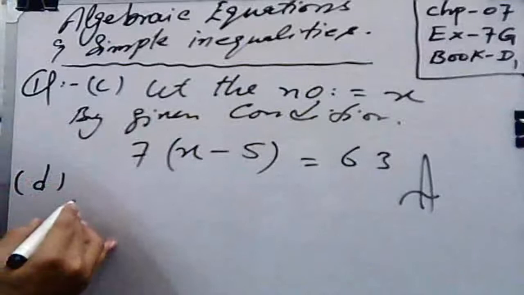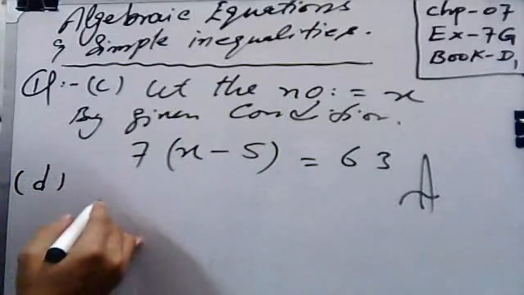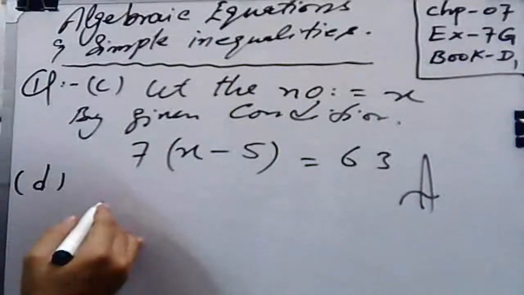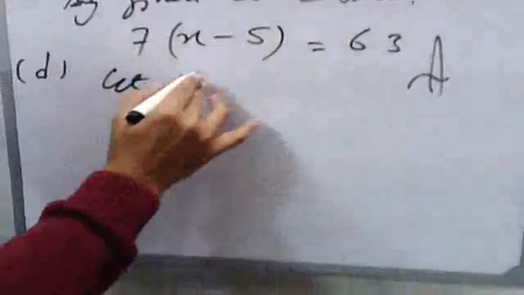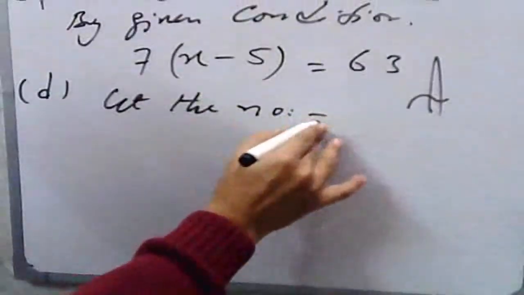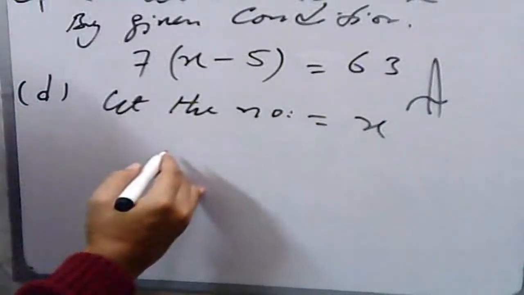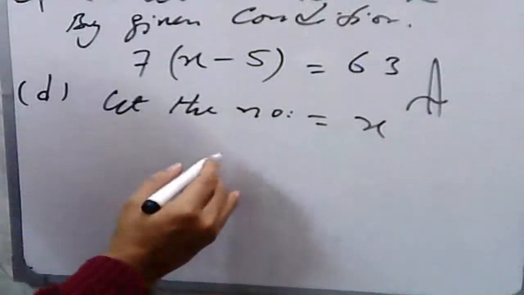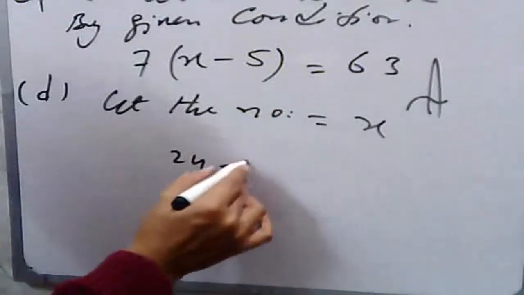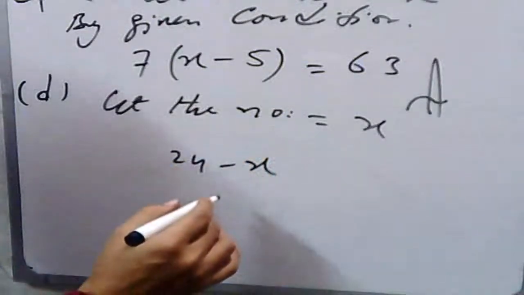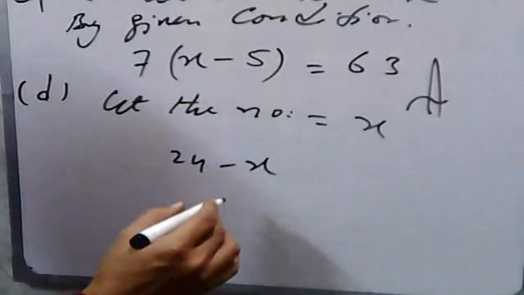Now in D part, when a certain number is subtracted from 24, let the number be equal to x. The number is subtracted from 24, so it means this number is subtracted from 24, and the result is divided by 5.